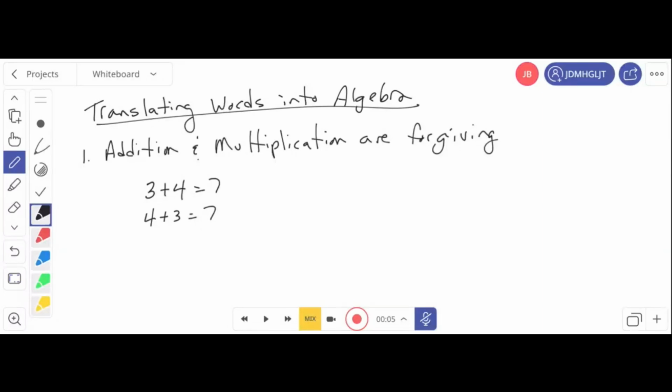So adding is forgiving. Multiplying, 3 times 4 is 12, and 4 times 3 is 12. So if I don't have the order just right, it's okay. It's not going to affect my answer.